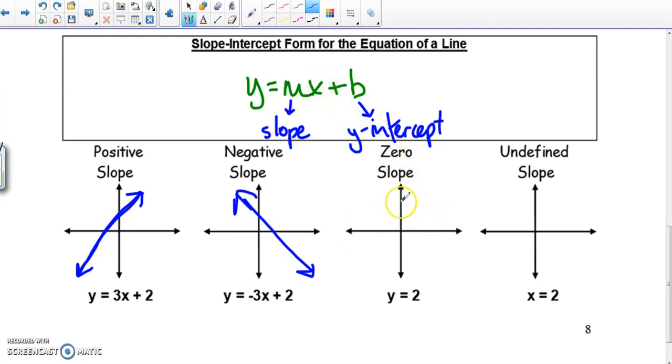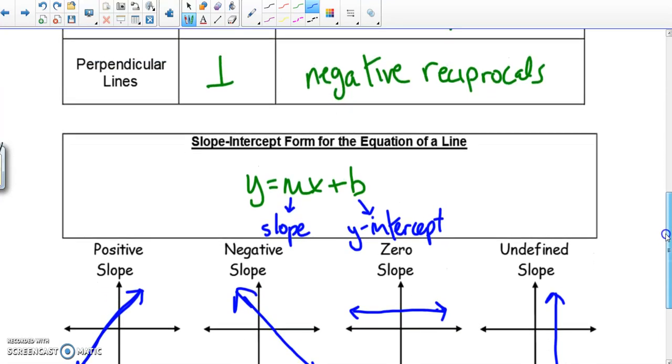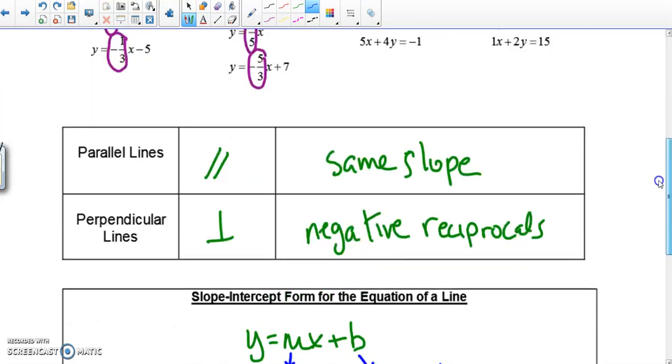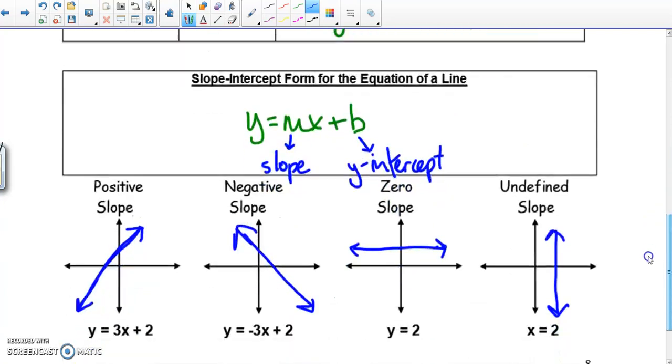We're probably very familiar with this from last unit, but zero slope, y equals 2 would look like that. Horizontal line. And an undefined slope, boom, right there. Vertical line, and that's where x equals 2 would be. All right, so as always, guys, if I went too quick there, pause, rewind, use your strategies that we've been doing all year. Make sure you have all this down.